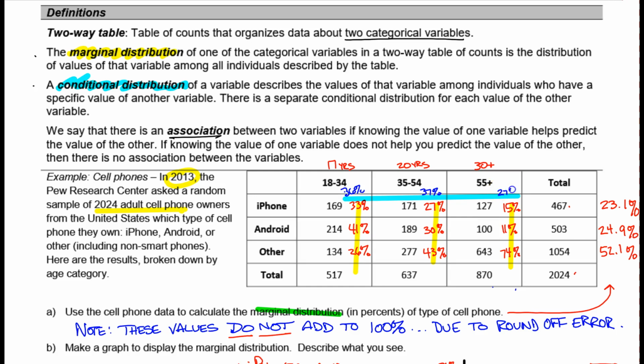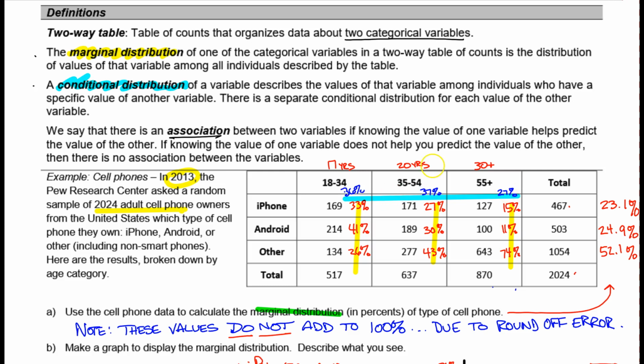So again, I'm just illustrating that the conditional distribution can be either up and down the table or left and right across the table. And this one just tells us that of all the iPhones that were captured in this survey, 36% of them were in the younger age category, 37% in the middle age category, and only 27% in the oldest category. Again, just another conditional distribution.